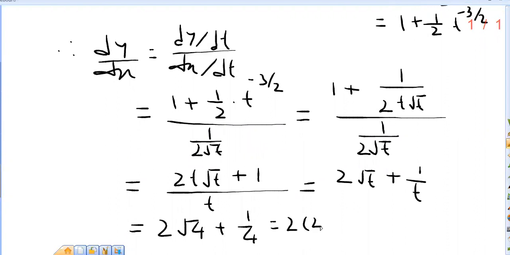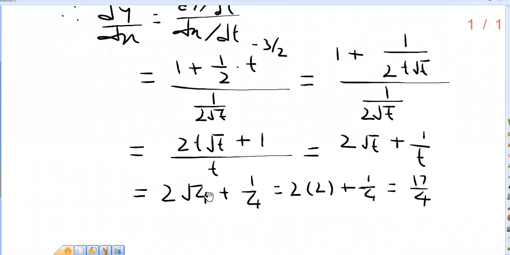So 2 into 2 plus 1 upon 4. That is nothing but 17 by 4, is it? So 17 by 4 is nothing but the answer for slope, not the final answer. So this is slope of tangent.